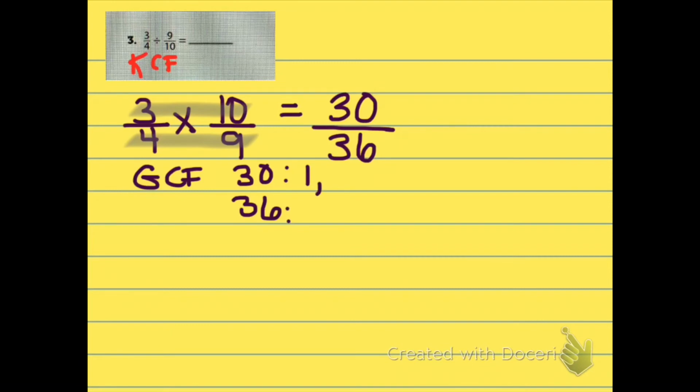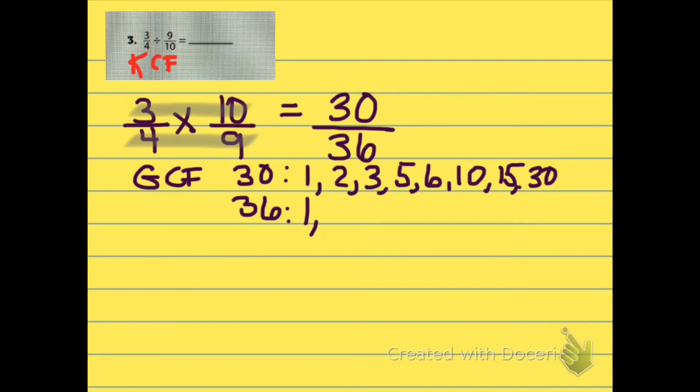So 30, I've got 1, 2, 3, 5, 6, 15, oh, I should have put 10 there, guys, I'm sorry. Don't make the same mistakes I do. 15 and 30. That's a lot. They're getting a little bit more complicated, folks.